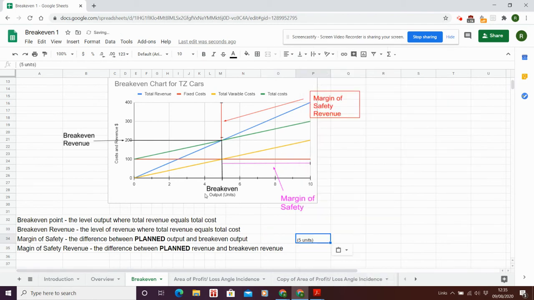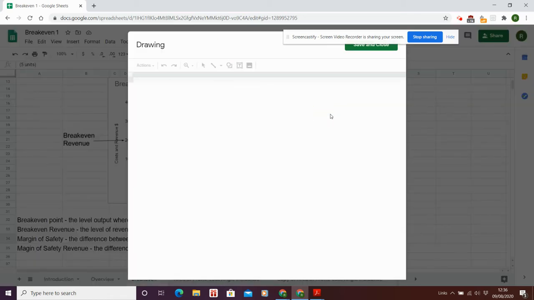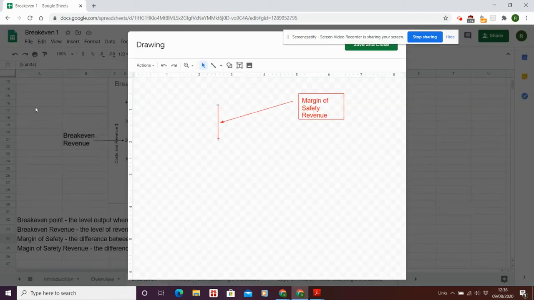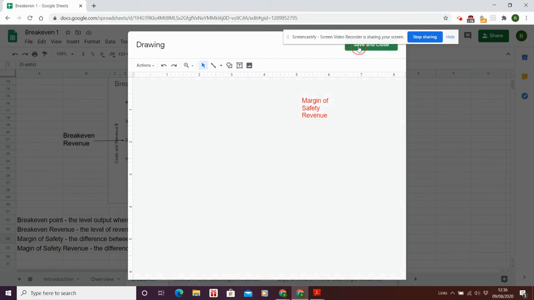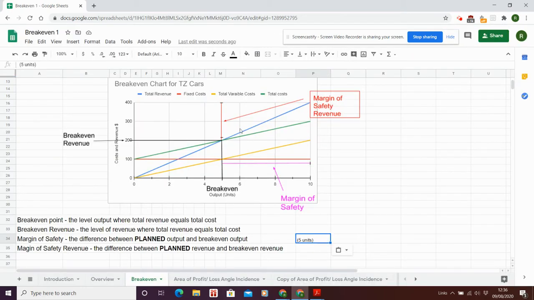Right, the next two are a little bit more unusual, but we'll do the break-even revenue next, because that's more common than the margin of safety revenue.